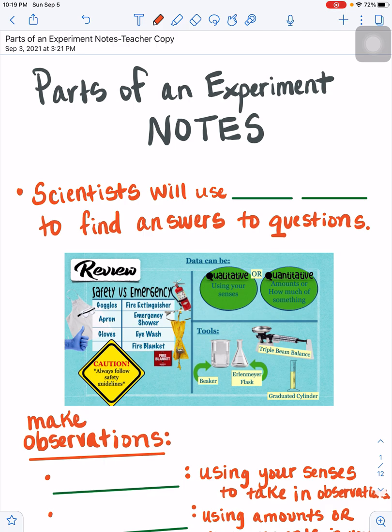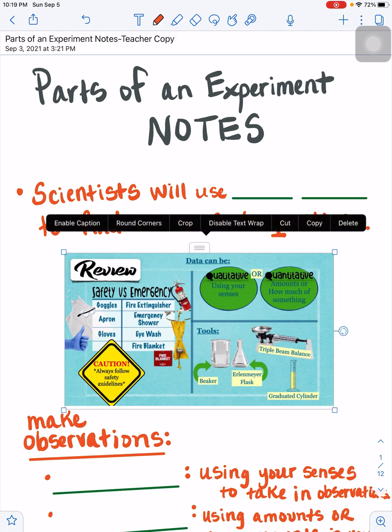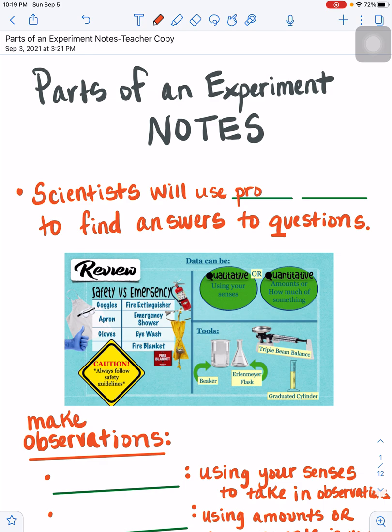Here we go. Scientists will use process skills in order to find answers to questions. You, as a scientist in training, have already learned many of these process skills. So some of these we can go over pretty quickly, and some others we need to take some more time to look at.